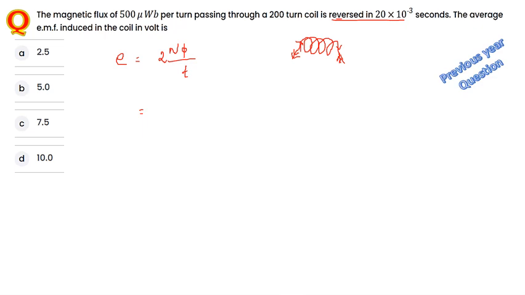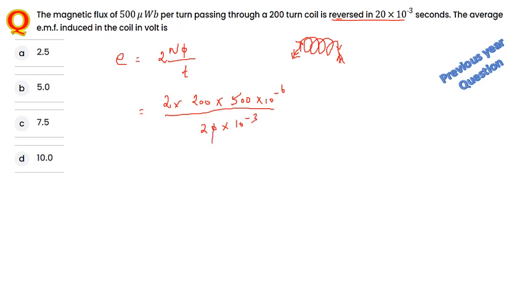For this one I just mentioned 2 into number of turns they have given, that is 200 turns here, and phi magnetic flux that they have given, that is 500 microweber. Micro means 10 power minus 6, and the time they have given here is 20 milliseconds, so 20 into 10 power minus 3.